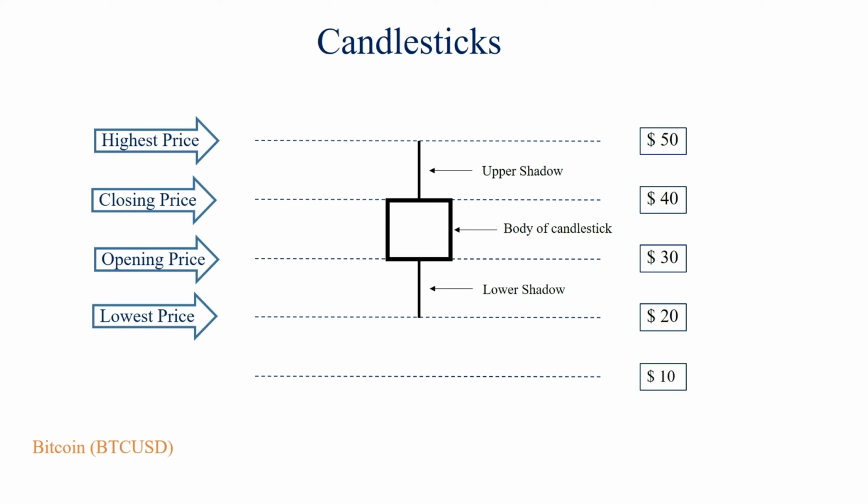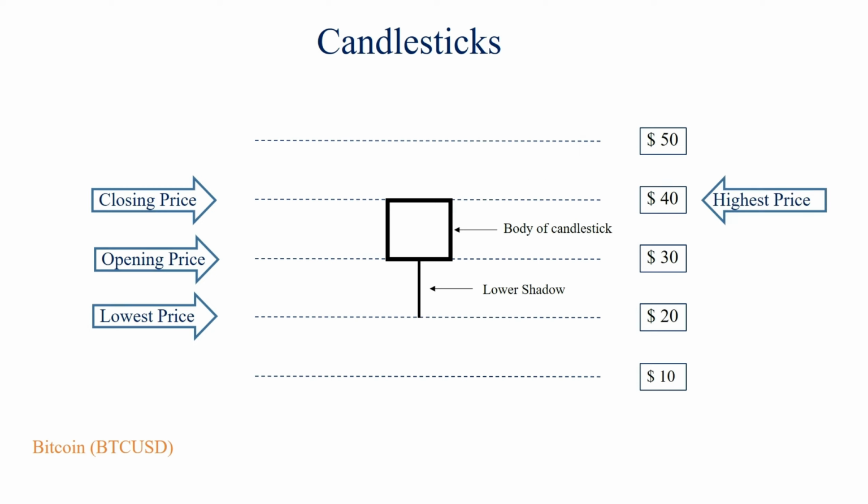Lower shadow means that at some specific times, sellers were stronger than buyers, and they wanted to decrease the price from the opening price to a lower level, but they couldn't accomplish the mission. And at the end of the day, when the market was about to close, the closing price wasn't what they had supposed.